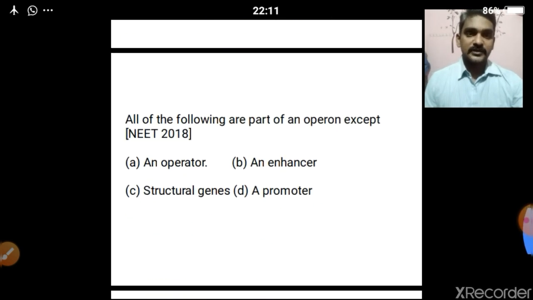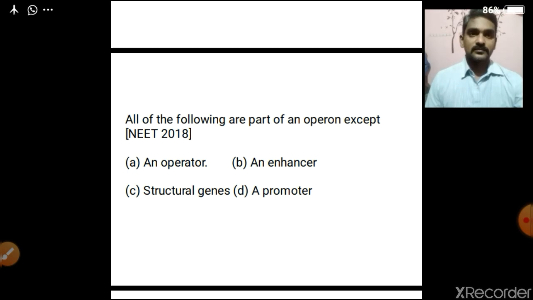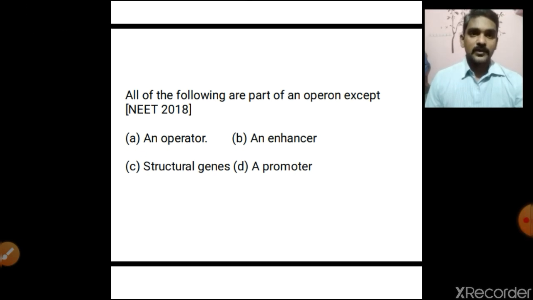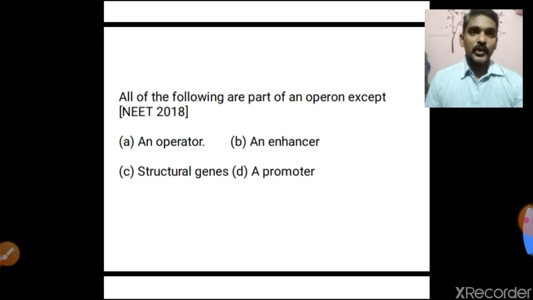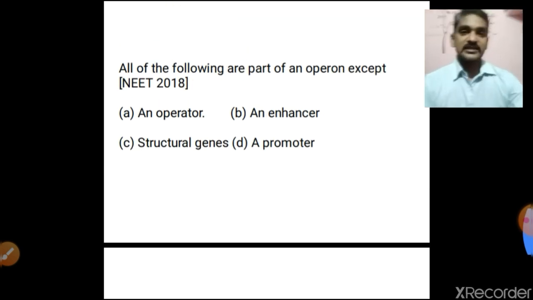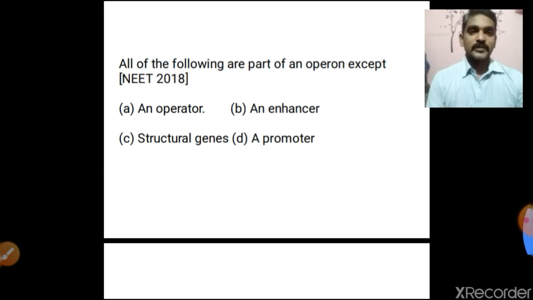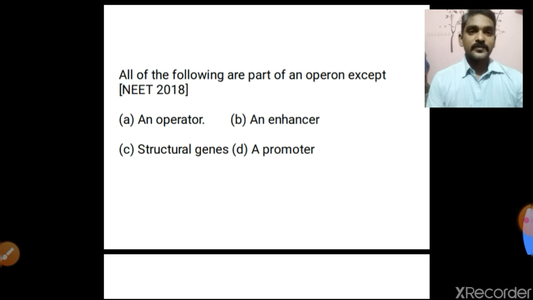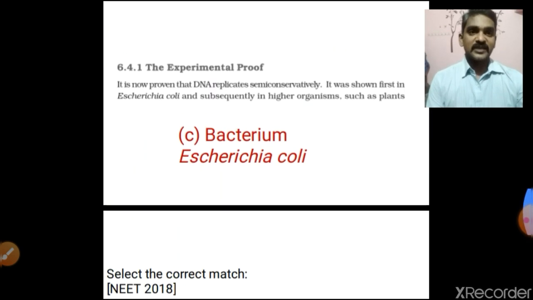And the next question you can see here. All of the following are part of the operon except. So in the operon structure, you can easily identify. In the previous slides I have shown you the structure of the lac operon. Wait, I will show now.